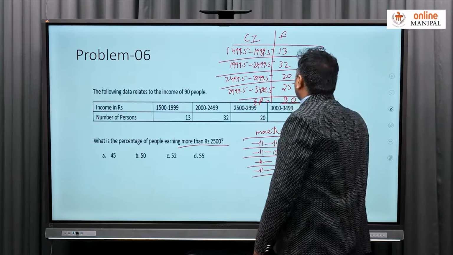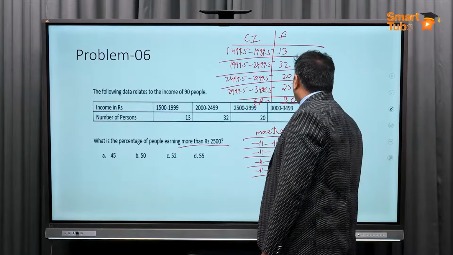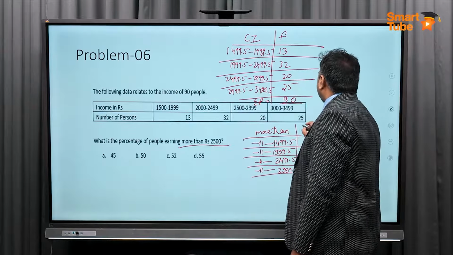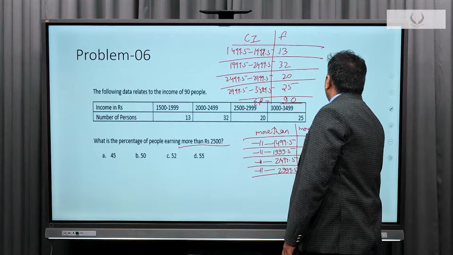So like this I wrote all the more than. Then I'll write the more than cumulative frequency.